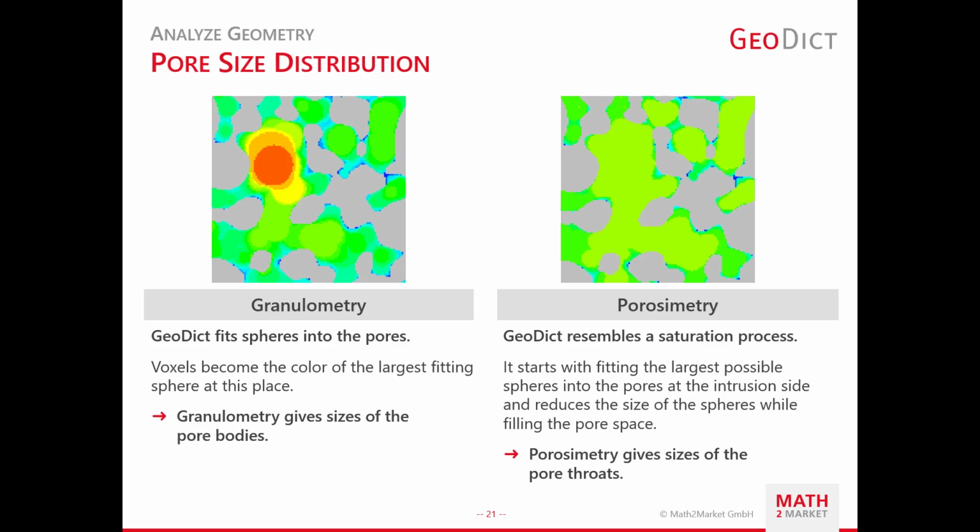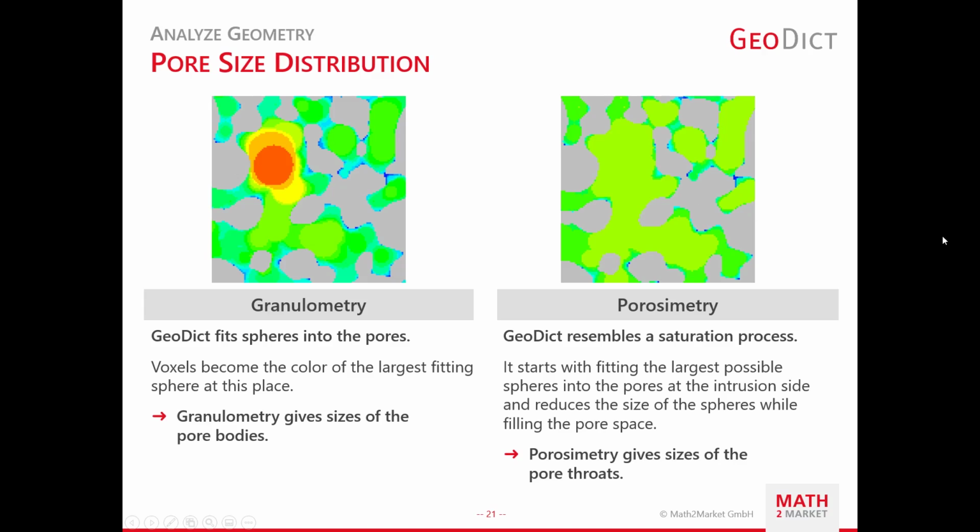So once the mercury passed the smallest part of the pore, so here, for example, the so-called throat of the pore, it fills the entire area behind that. So assuming that the mercury intrudes from here, the smallest part of the pore is here, it's the throat, and then it fills the entire pore behind that throat.